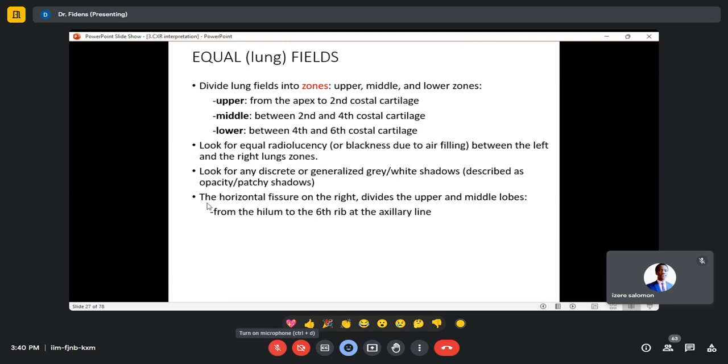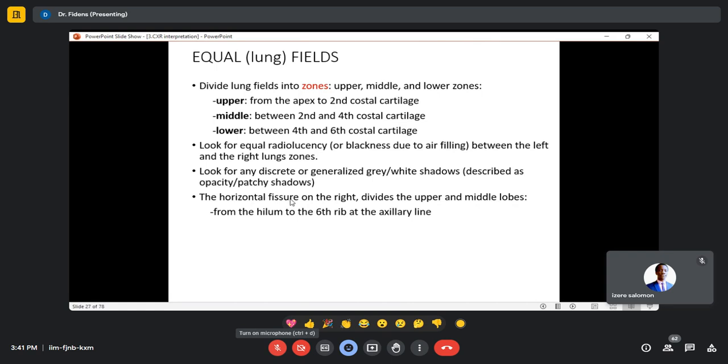And again, the horizontal fissure on the right divides the upper and the middle lobes. But this is not important because it's very difficult. I mention the horizontal fissure on the right because, as I told you, it can sometimes, very rarely, be seen on chest radiograph.